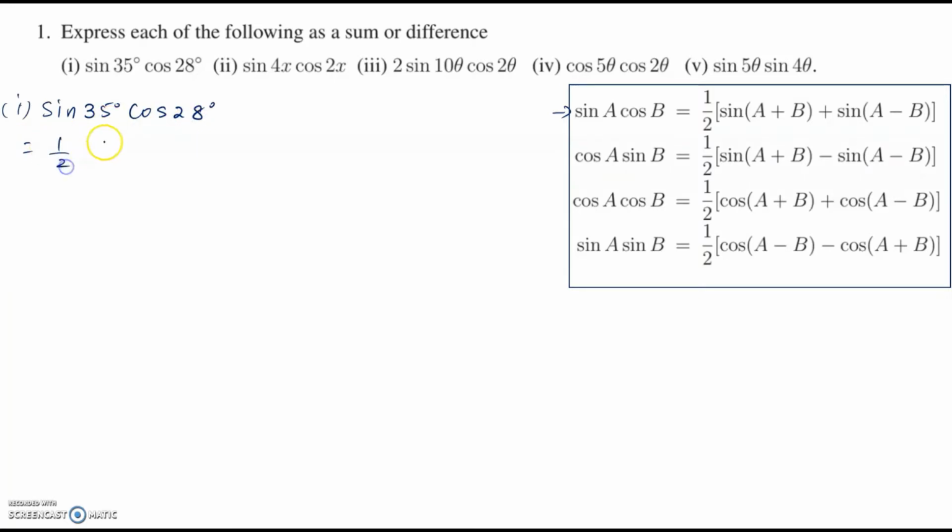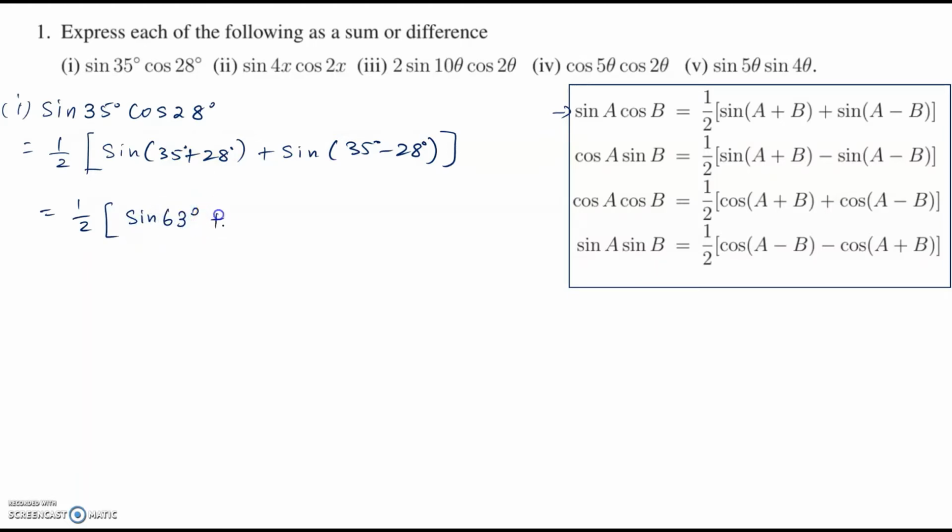So this becomes half of sine 35 plus 28 degrees plus sine 35 minus 28 degrees. Further, 35 plus 28 is 63, so it is half of sine 63 degrees plus sine 7 degrees. That's the answer.